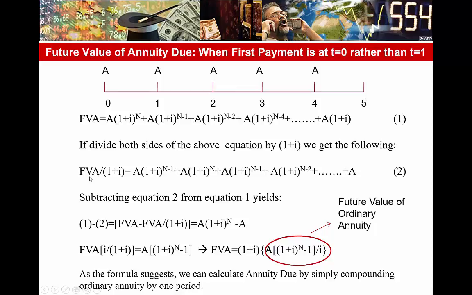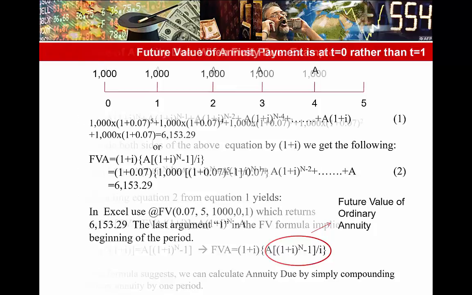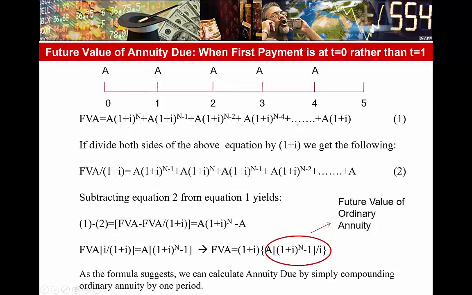If we divide both sides of the equation by 1 plus I, on the right hand side we get A times 1 plus I to the power n minus 1, and finally the last term, once it is divided by 1 plus I, turns out to be A. And if we subtract equation 2 from equation 1, because equation 2, as you see in here, is a smaller figure than equation 1 is going to produce, so you will take the larger one and subtract the smaller one.